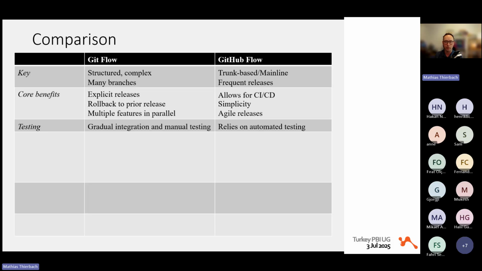You always have the choice of either not testing, which is obviously ludicrous, or relying on manual testing, which certainly requires an approach that is a lot less agile than GitHub flow. So with Git flow, where we have more structure, we can afford to have a lot more manual testing points in place.